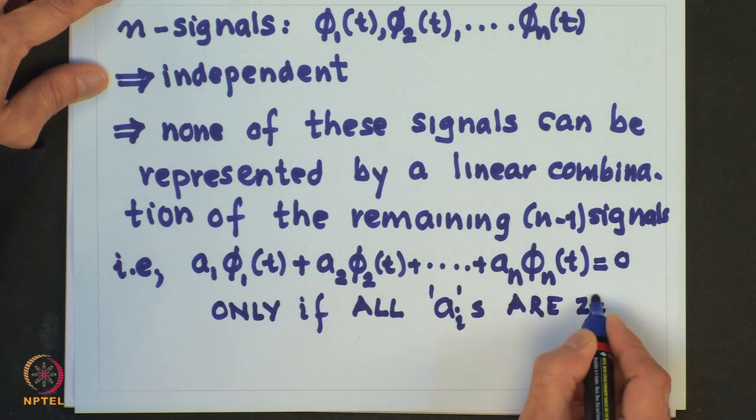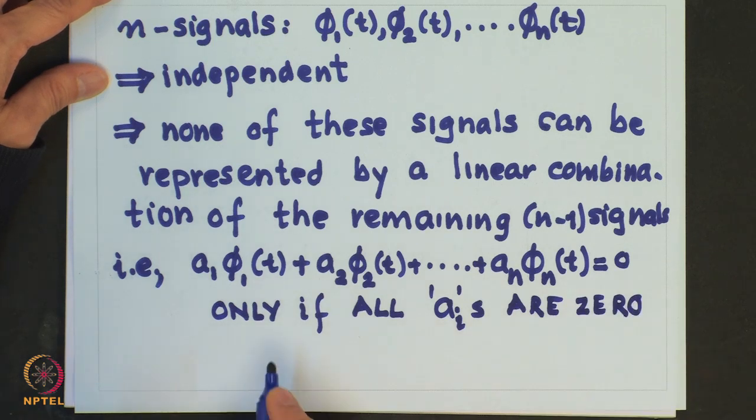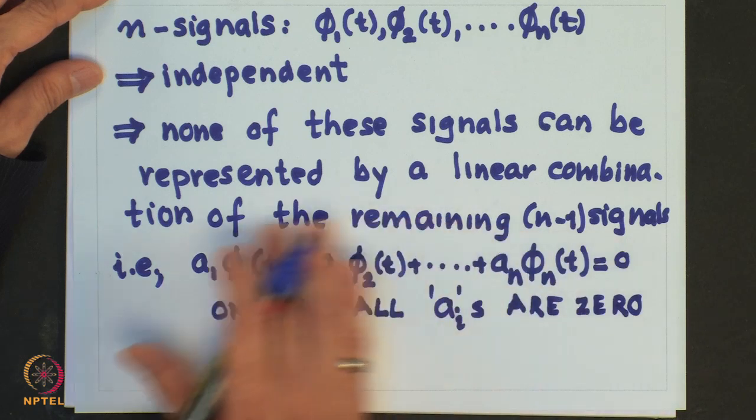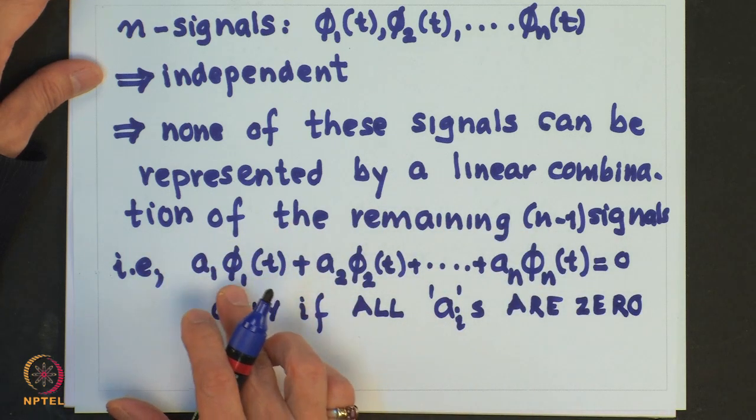Only if this condition is satisfied, then this set from phi 1 to phi n will be independent.